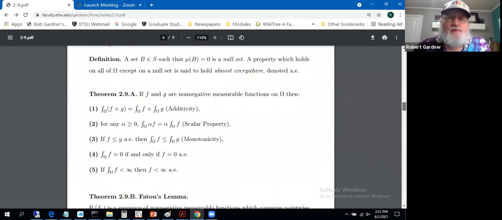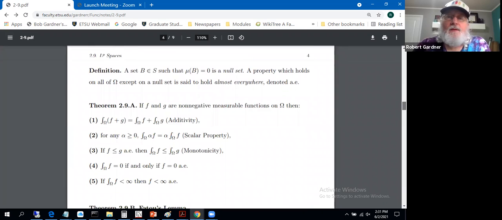Some properties so far. We need an idea of dealing with sets of measure 0 here. A set B in the sigma algebra of measurable sets such that the mu measure of B equals 0 is called a null set. A property which holds on all of capital omega except on a null set is said to hold almost everywhere, commonly denoted just AE.